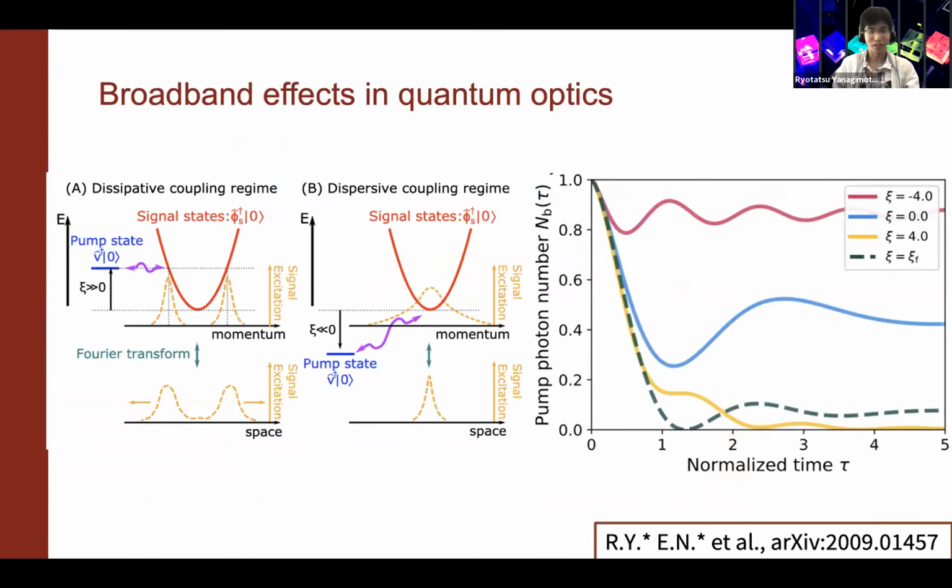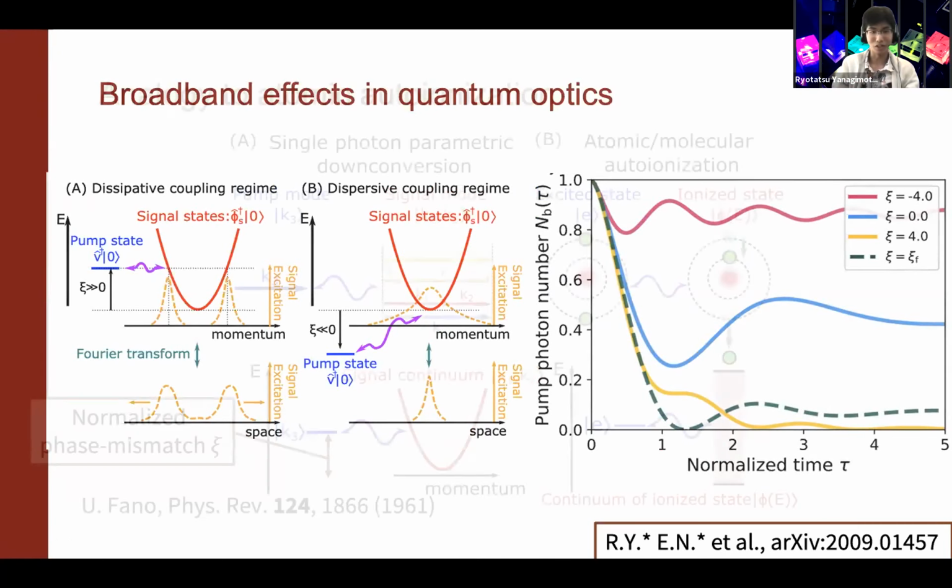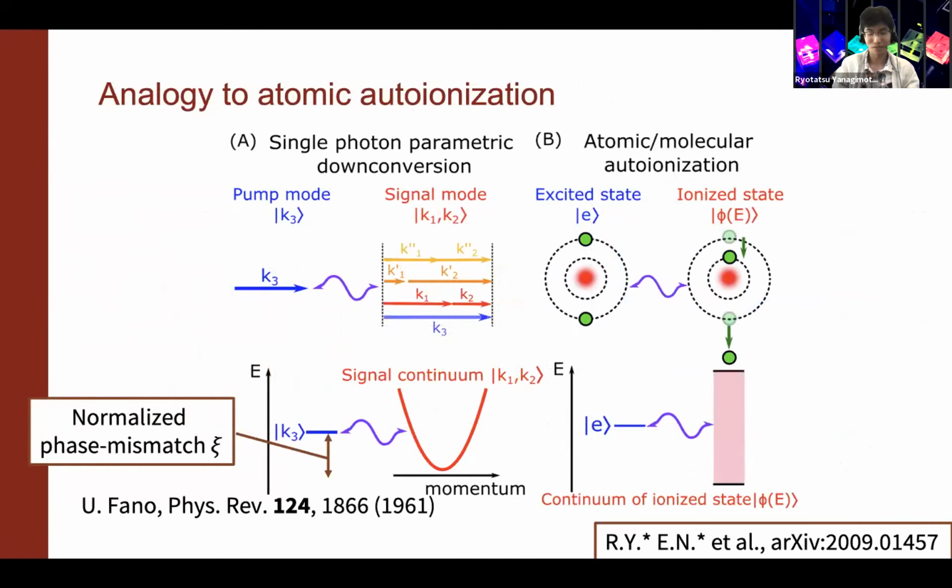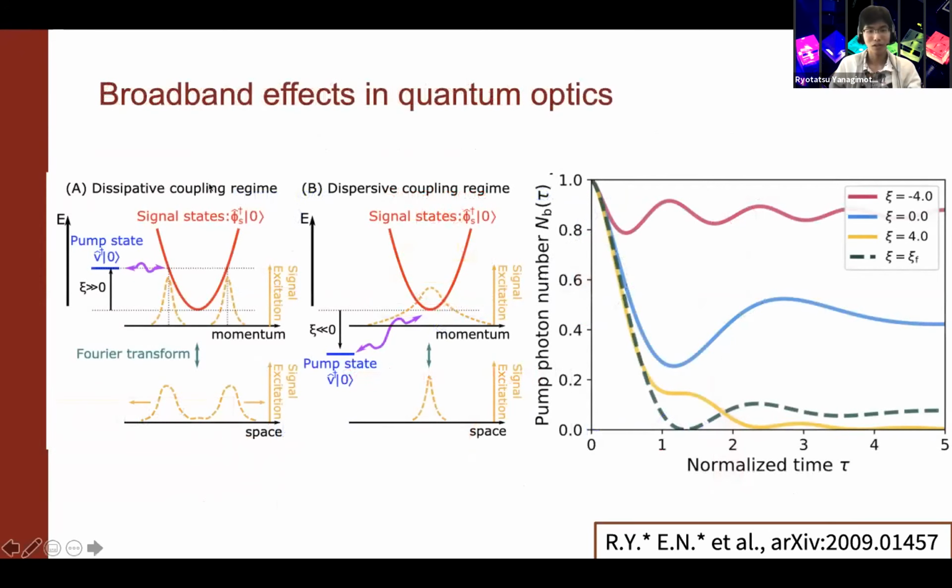So what happens as a result of this unique form of the interaction, right? In the regime where the energy of the pump photon is higher than the bottom of the continuum, this is the non-degenerate OPO regime. We have this discrete state coupled to the middle of the continuum, so that in momentum space, we have two peaks.